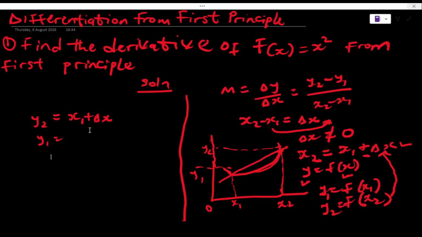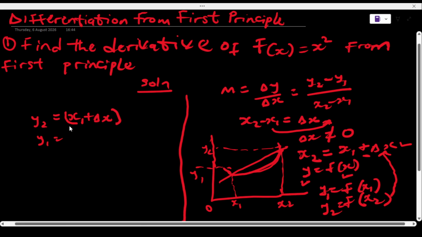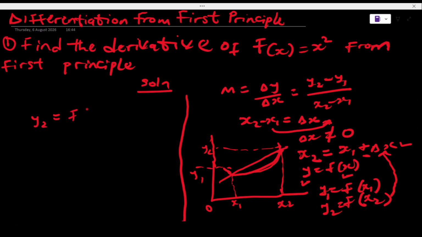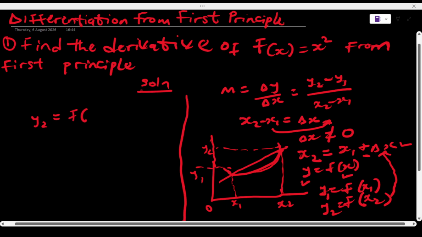Let me rewrite it. That means our y2 will be f of x2, which is f of x1 plus change in x. So that's it. But our y1 is f of x1.